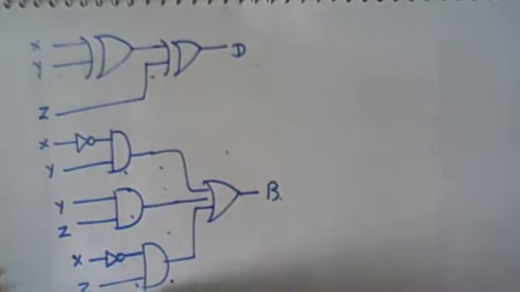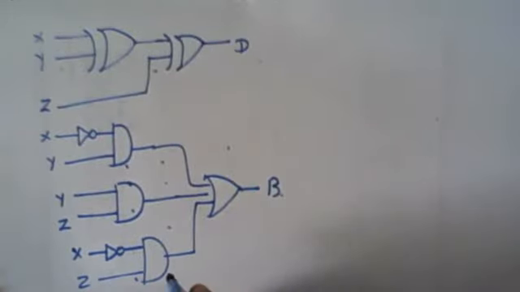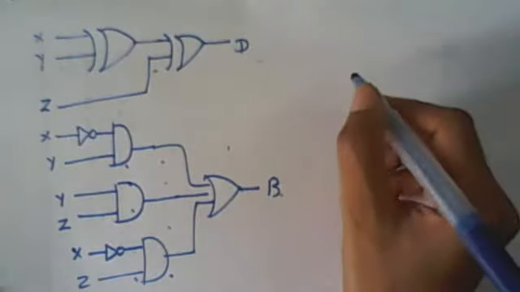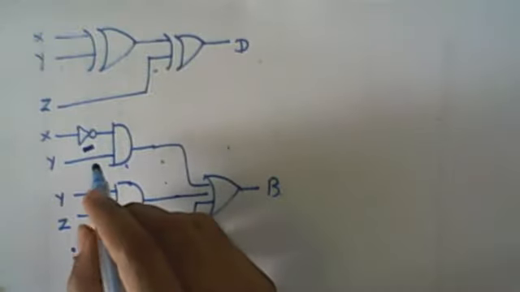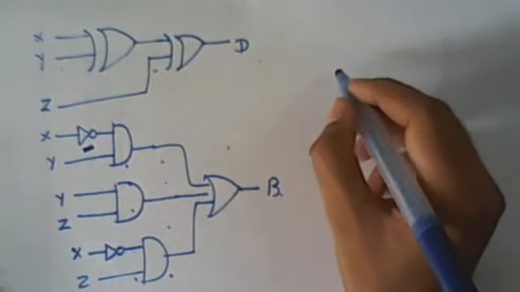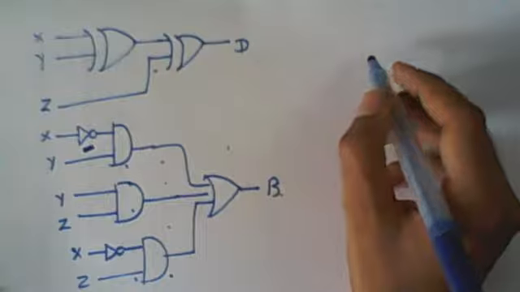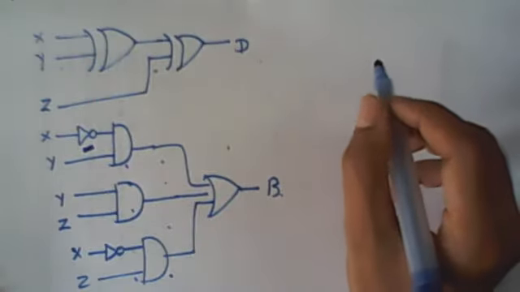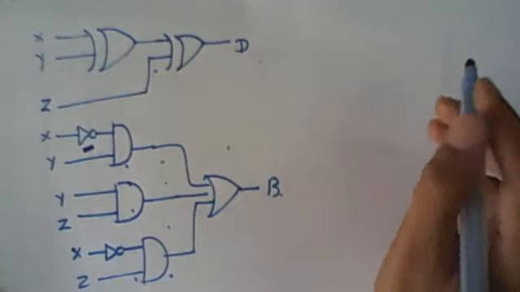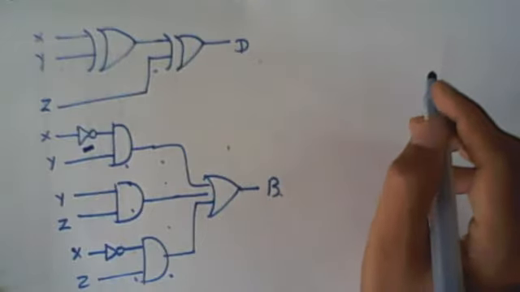Right? Also, we can implement the full subtractor using the full adder. The only difference between the full adder and full subtractor is that one extra NOT gate is required. So if we take the NOT of x and feed it to the full adder, that converts it into a full subtractor.